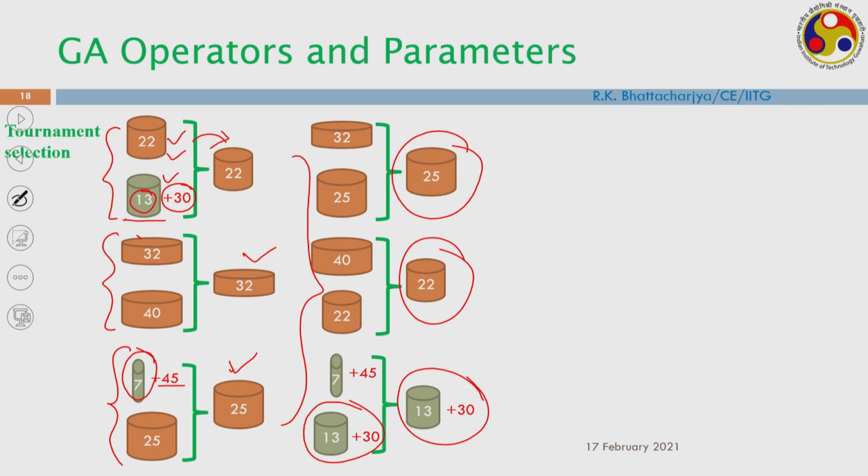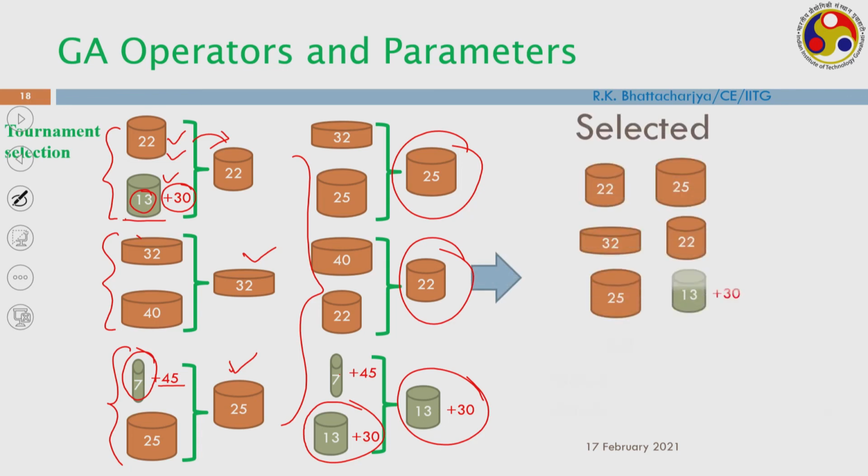Now, from the second round of tournament, I am getting another 3 solutions. So, in the first round I am getting 3 solutions, in the second round I am getting 3 solutions, and therefore I am getting a total of 6 solutions. Okay. So, this is 3 solutions I am getting from the first round, and this 3 solutions I am getting from the second round.